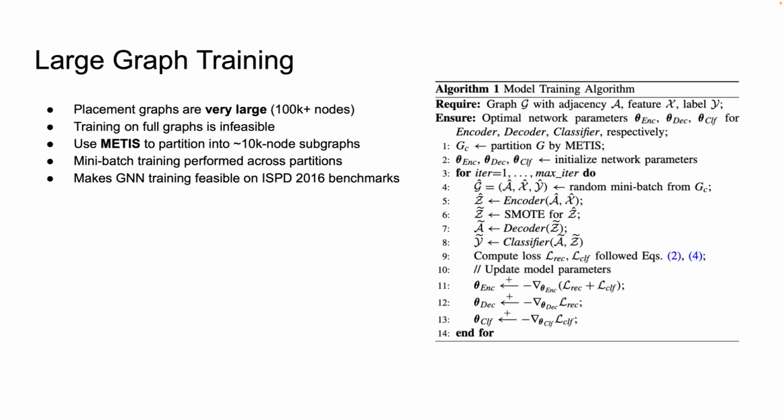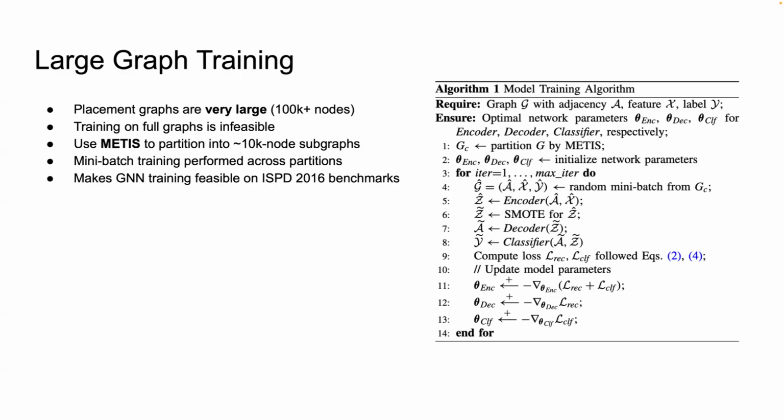As Amin mentioned, GNNs are prone to issues on large graphs. So they use Metis to partition the graphs into nearly 10K-node subgraphs, and they perform mini-batch training on these, on the SPD 2016 benchmarks. This is a pretty simple algorithm actually. They get the partition of the graph and initialize network parameters.